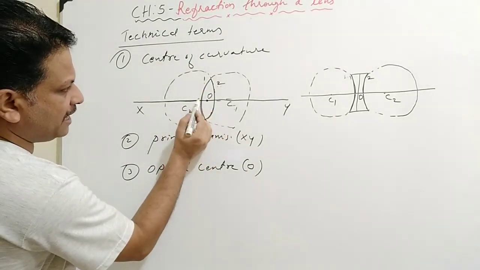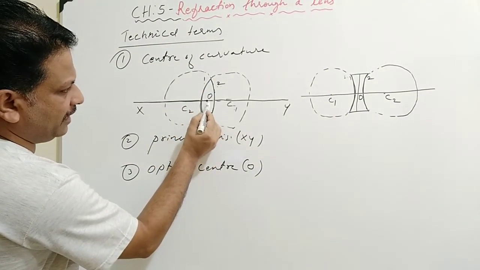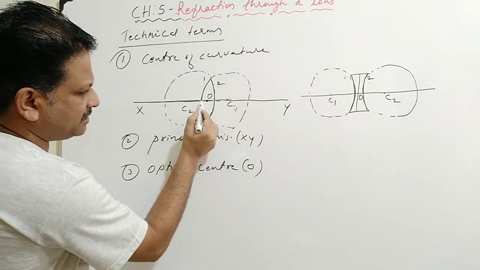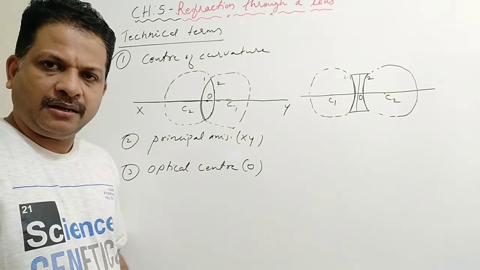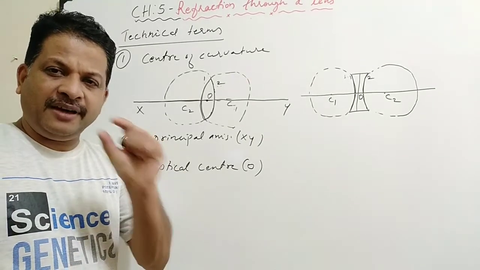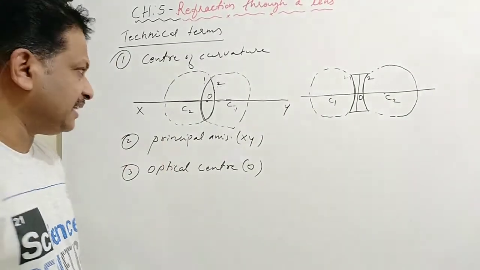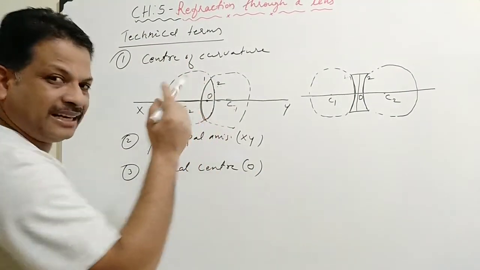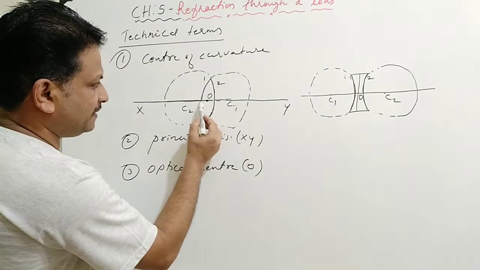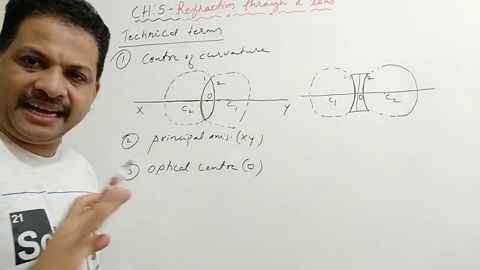Of course, when a ray of light travels through this portion of the lens, a slight lateral displacement takes place. But the lens is very, very thin. When we consider the case of a thin lens, the lateral displacement through the central portion of the lens is neglected.